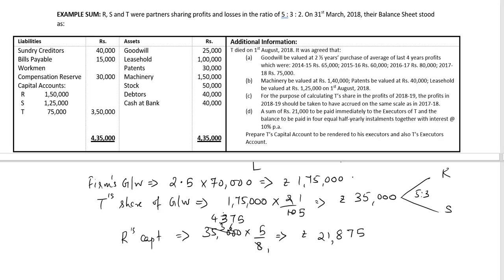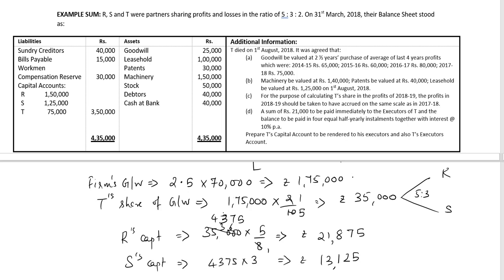So R's capital account needs to be debited with 21,875 rupees, and S's capital account needs to be debited with 4,375 into 3, which is equal to 13,125.